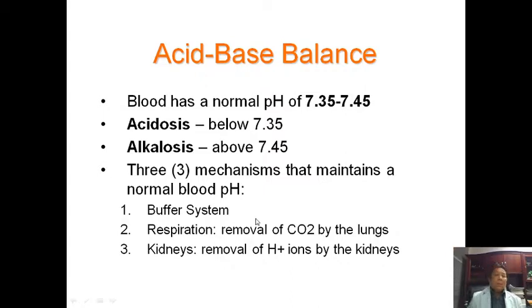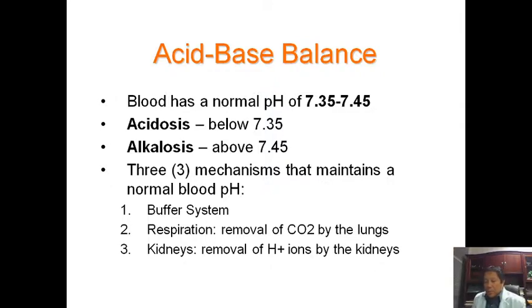So, some of the gases involved with this: you have to remember that the lungs have the capability of removing carbon dioxide from our system, and carbon dioxide is a volatile acid.